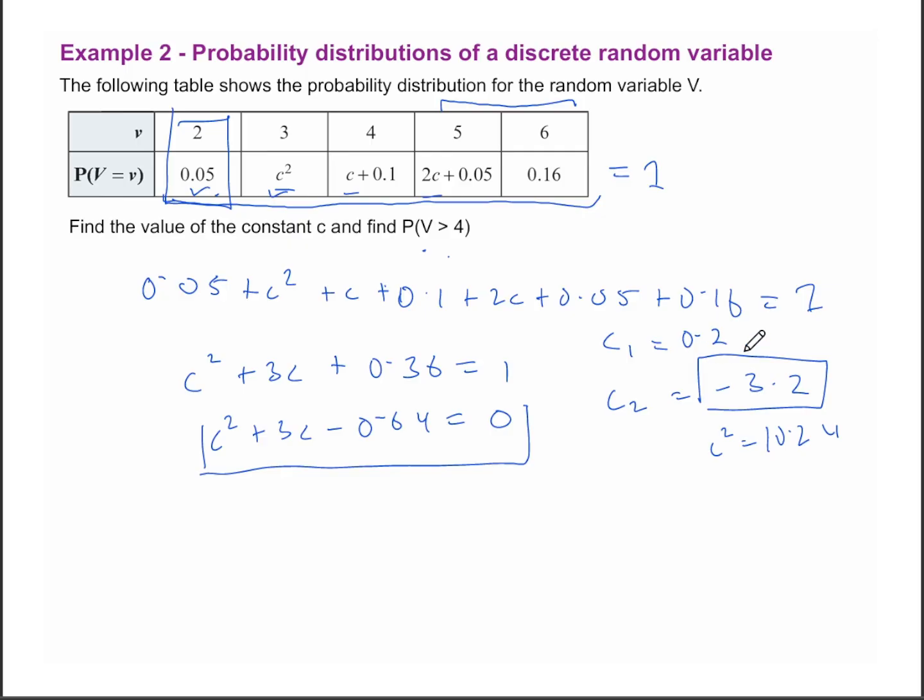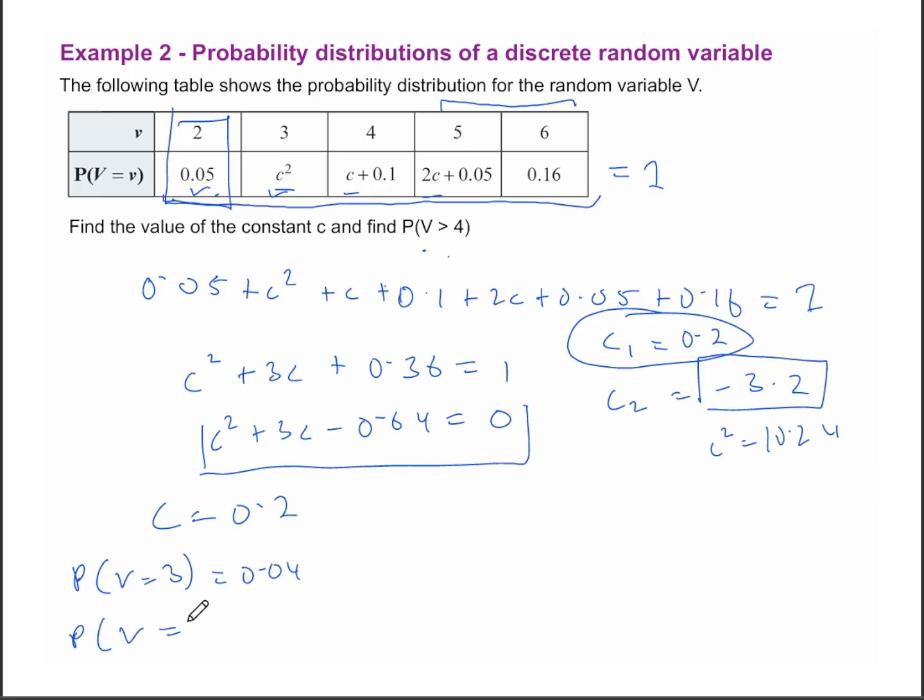If I square 0.2, I will get 0.04, which is between 0 and 1. And therefore, this is going to be our actual c value that we are looking for. So c is equal to 0.2, which gives us the probability of v equals 3 is 0.04.